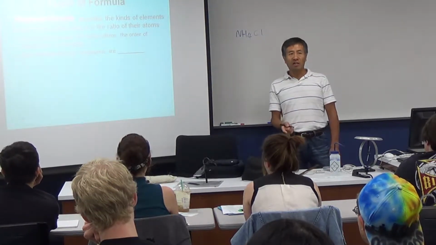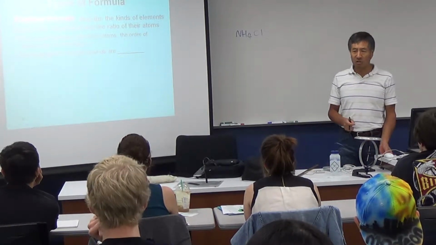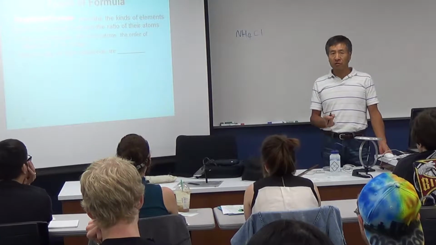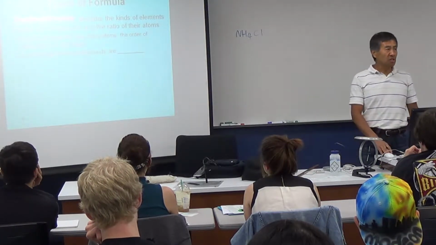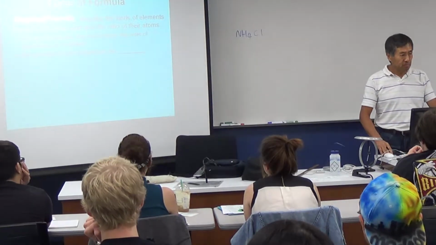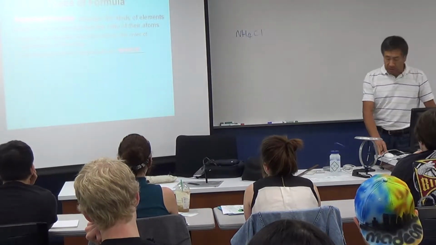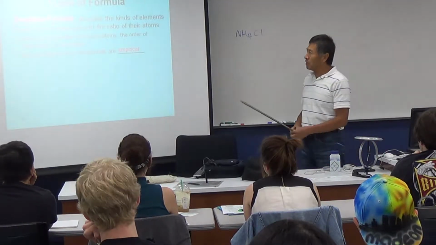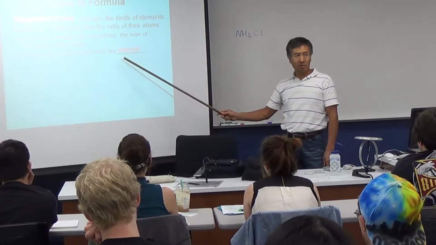If I don't tell you the empirical formula is the same as the molecular formula for a molecular compound, what you can tell me for sure is what types of atoms are in the compound, but you cannot tell me for sure how many are there. The empirical formula just tells you the simplest ratio of the atoms in the compound. As I said before, for an ionic compound the only formula is the empirical formula.